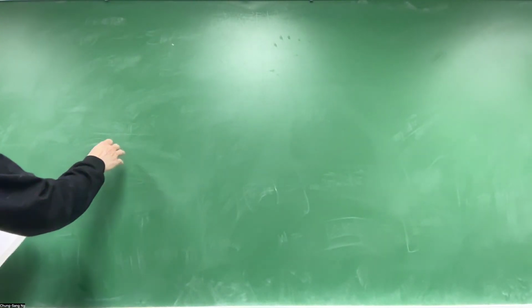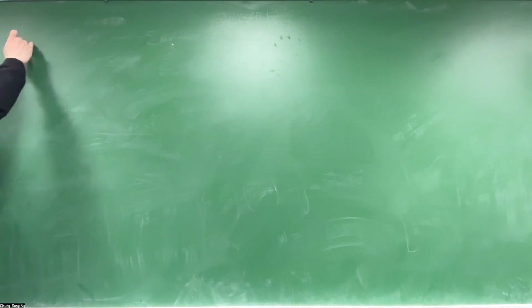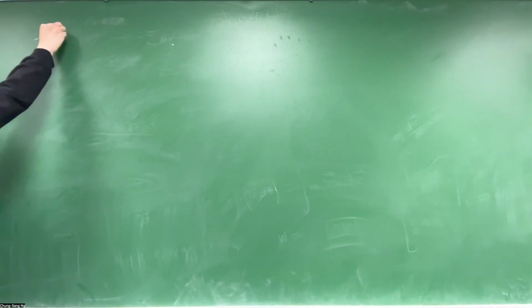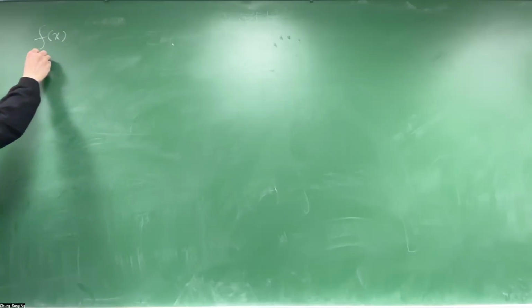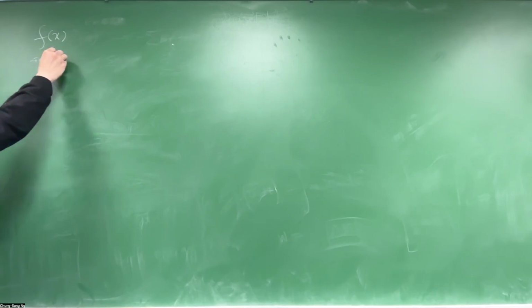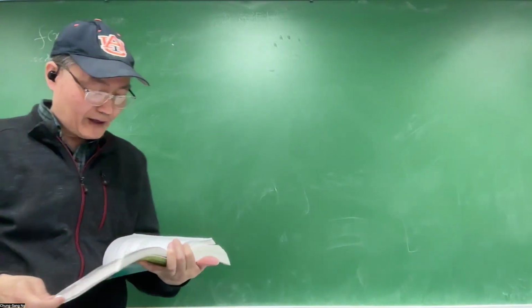So remember, so far we have the formula for f of x. This x is defined within minus pi to pi, right? Or 0 to 2 pi, that's at least one period of this function.